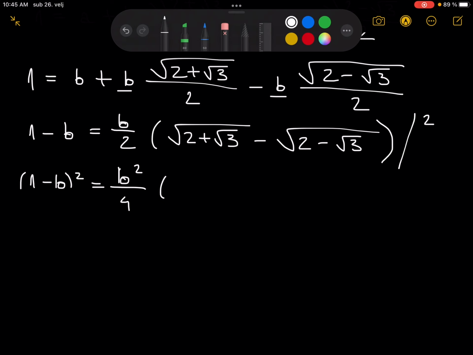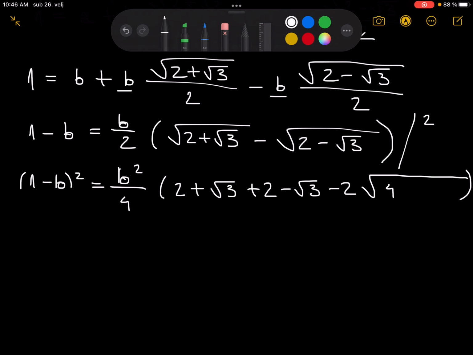And I'm going to expand this part in the brackets right away. So that's the first term squared, so 2 plus the square root of 3, plus the second term squared, so that's going to be plus 2 minus the square root of 3, and finally minus 2 times the first term and the second term, and that's going to be 4.